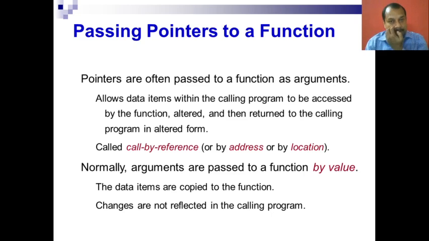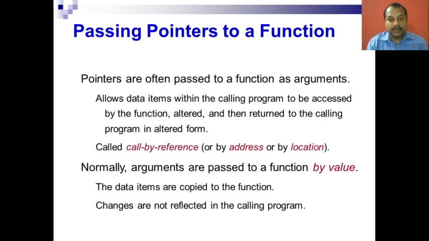This way of passing the parameter is called call by reference, or by address, or by location, because we are not passing the content, rather its address or its reference or its location.